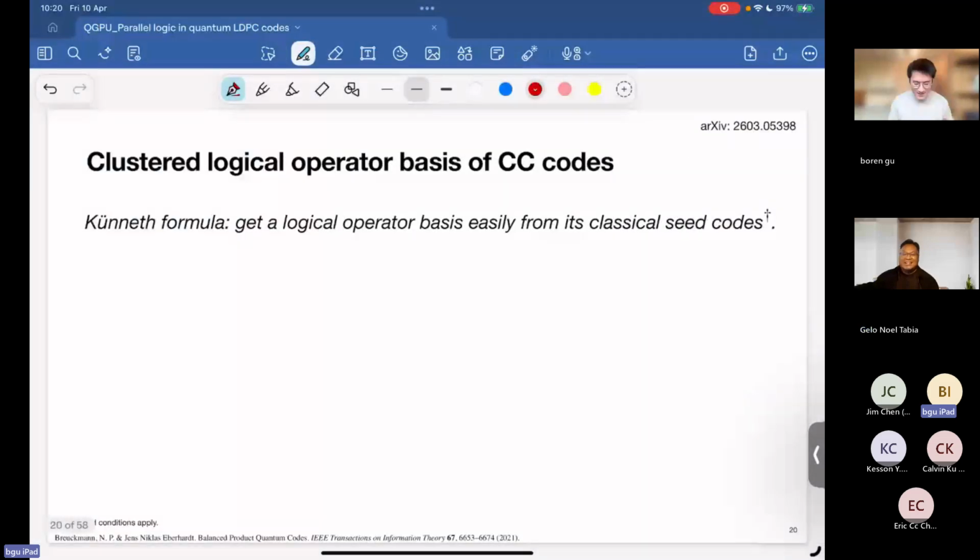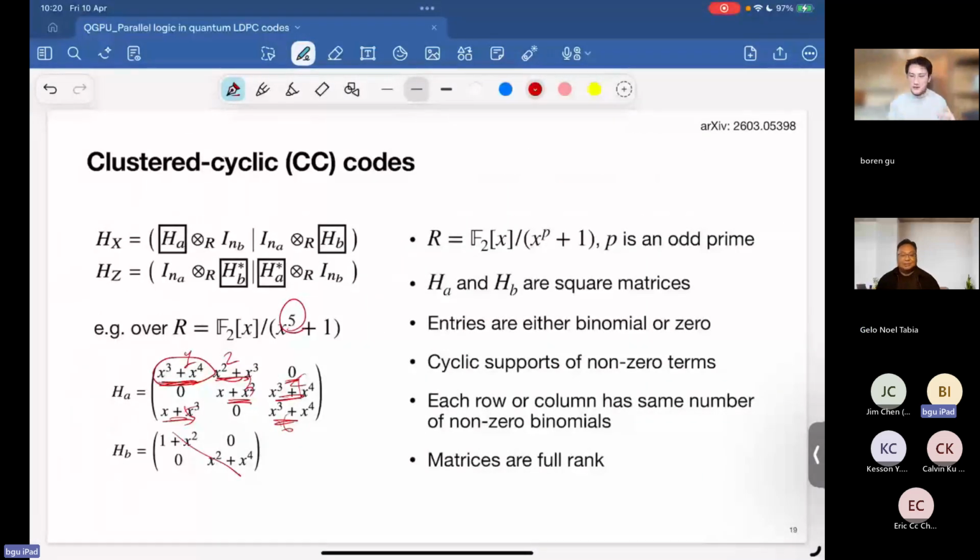Okay. So the reason that we want such a special constraint is that the motivation of such a design of a code is to have a neat, controllable, or even addressable logical operator basis, to get rid of those very overlapping, messy structures of other codes.